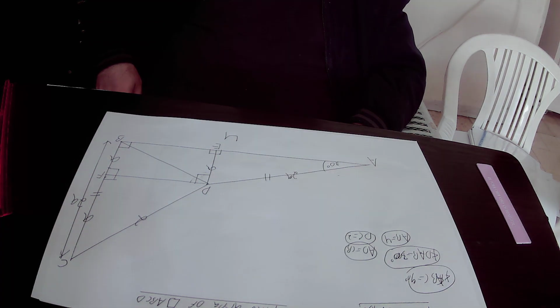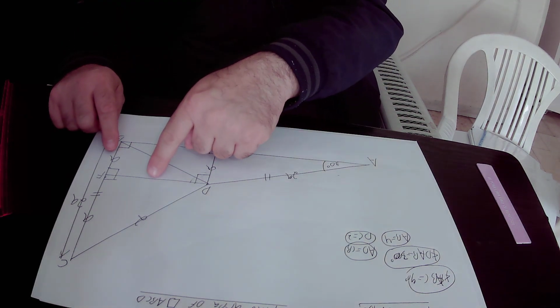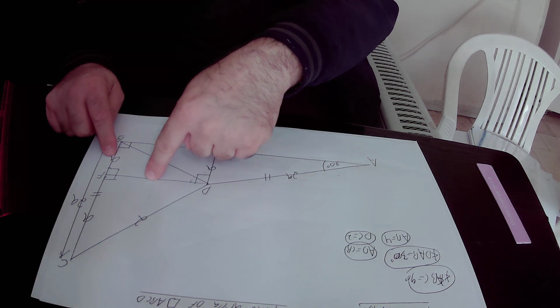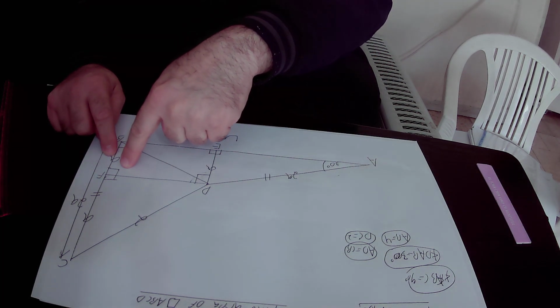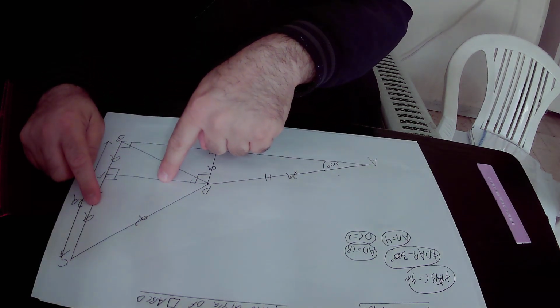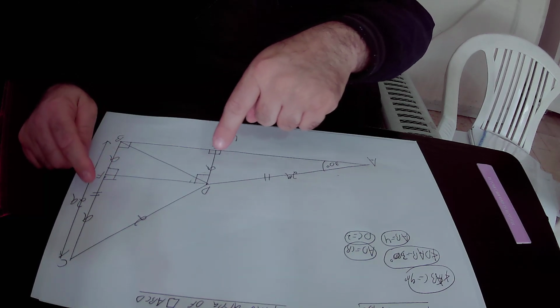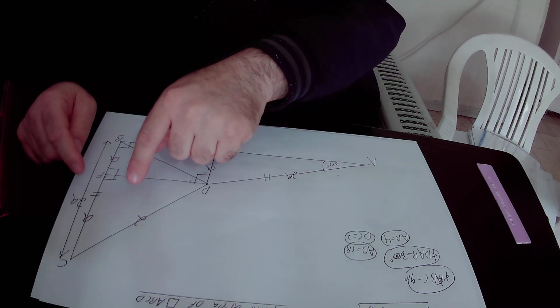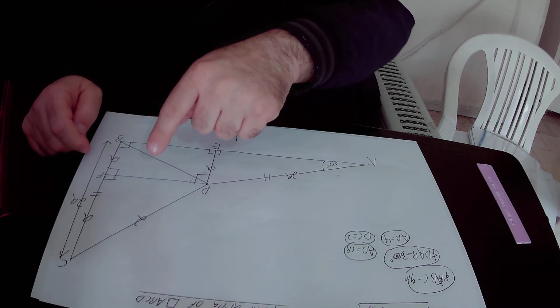And we actually proved that those two sides and the angle between them in triangle DFB can go to those two sides and the angle between them in triangle DFC. Therefore, those two triangles are congruent according to the side angle side rule.